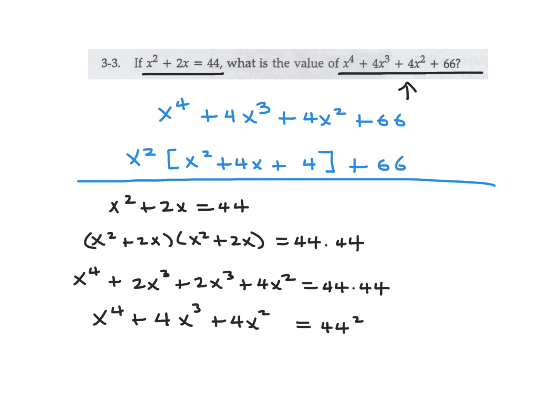Okay, so all I have to do is add that 66 and I've got it. So x to the power of 4 plus 4x to the power of 3 plus 4x squared plus 66 is equal to 44 squared plus 66, correct? So that's it. 44 squared plus 66 would be the answer. That is equal to 2002.